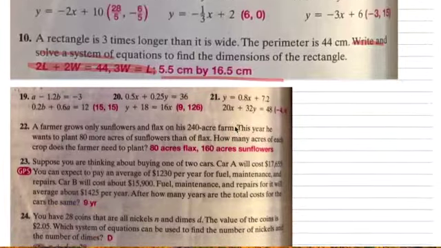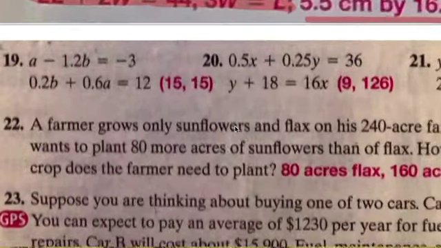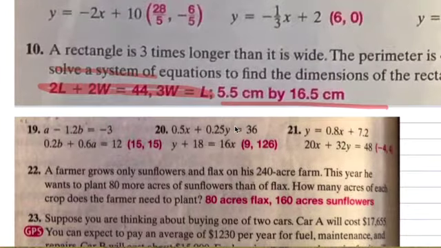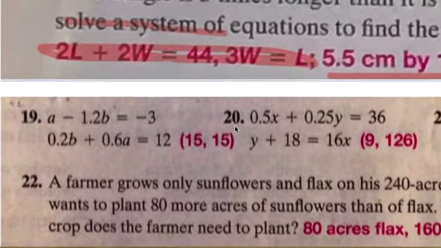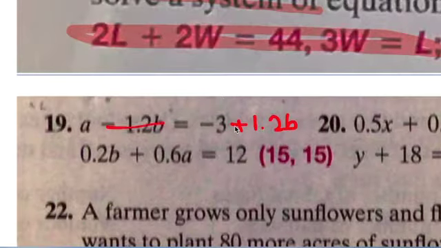Okay, and then number 19, you would use substitution, right? So you would solve first for A here by adding 1.2b. A equals that, and then substitute it into there.